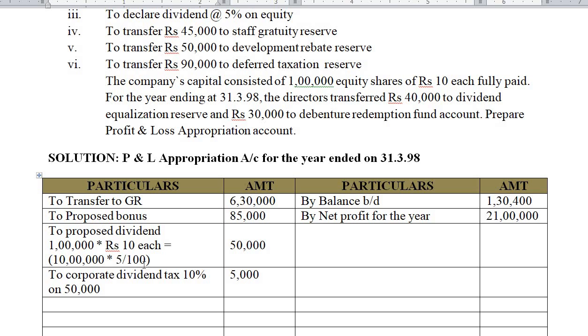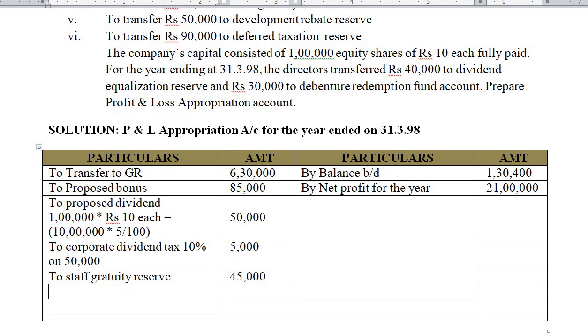Now you can provide staff gratuity reserve. To staff gratuity reserve, the amount is 45,000. After that, to development rebate reserve, which is 50,000.